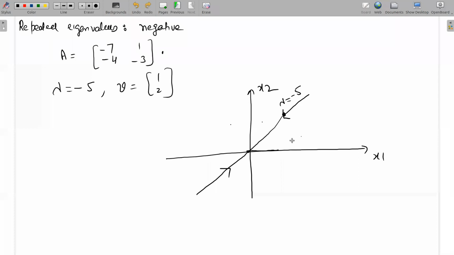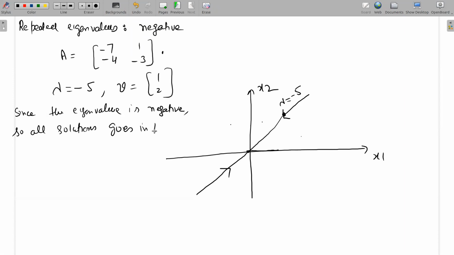So what we write here: since the eigenvalue is negative, all solutions go into the origin.